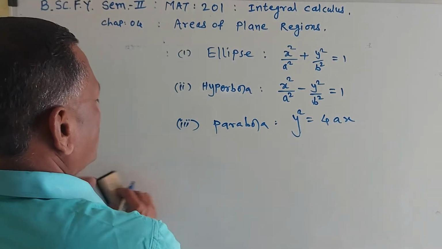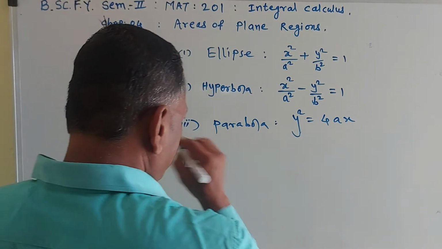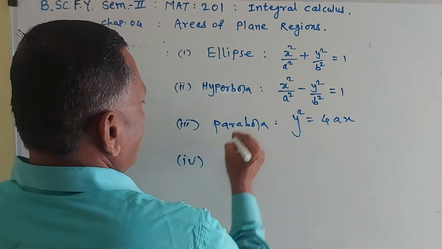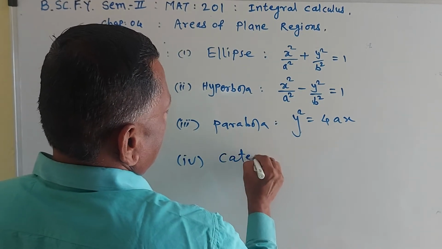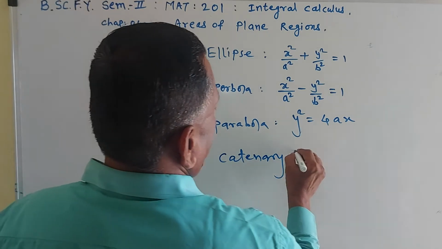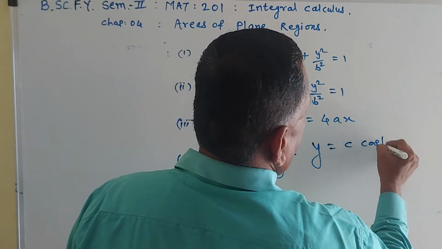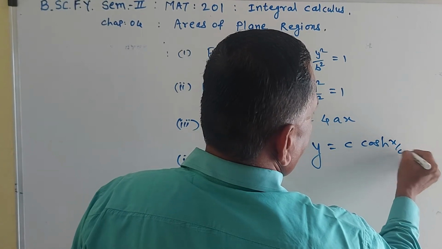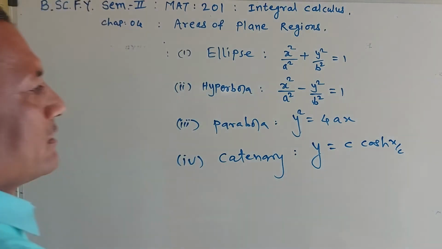And next, 4th, the equation of catenary. The equation of catenary is y is equal to c into hyperbolic cos of x upon c, cosh of x upon c. c is a constant.